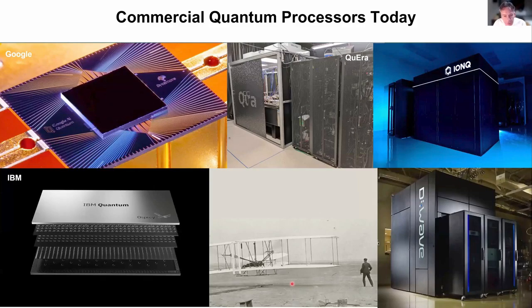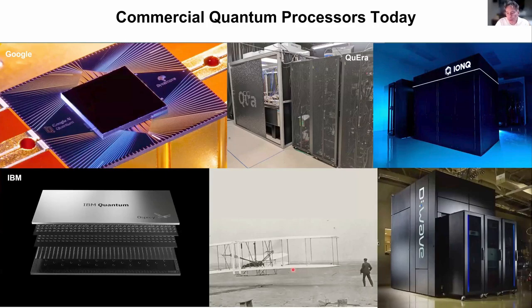And I put this picture here because I think it's representative of where we are in the field of quantum computing today. This Wright Flyer was not the first time that humankind flew. People had hot air balloons. People flew in gliders before this event. But this was the point where it all came together, that we had a control system and a person boarded that plane, was able to steer it.